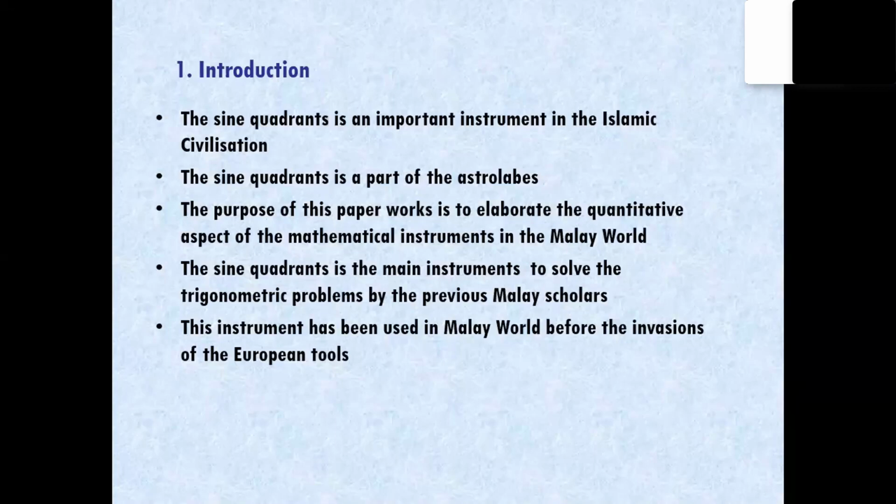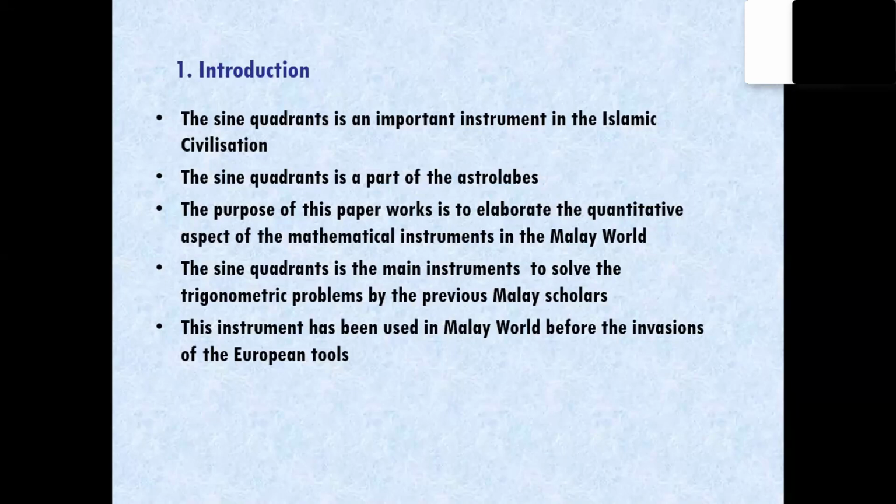For our knowledge, calculation in Malay authorities or manuscripts is not in quantitative form, but uses a narrative, qualitative phrase or words. How do we know what the mathematical or trigonometry formula is? And this instrument has been used in the Malay world at the same time as, or before, the invention of the European tools.